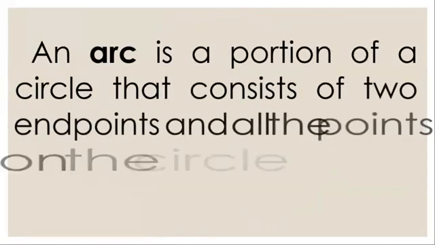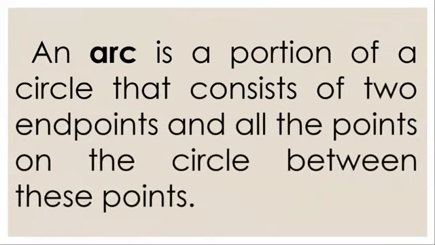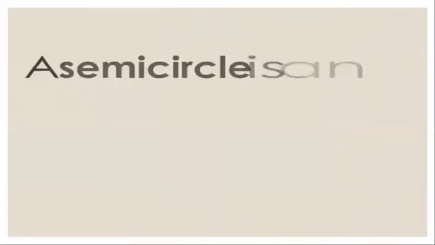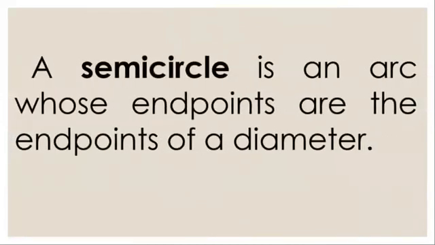Next, other terms we should know, or other parts of a circle, we have here an arc. So an arc is a portion of a circle that consists of two endpoints and all the points on the circle between these points. And we also have different kinds of arcs. So we have here first a semicircle.